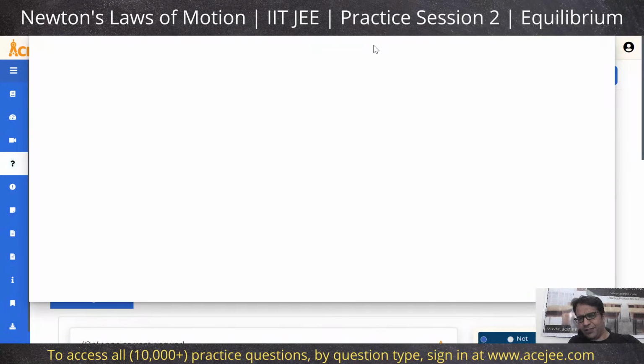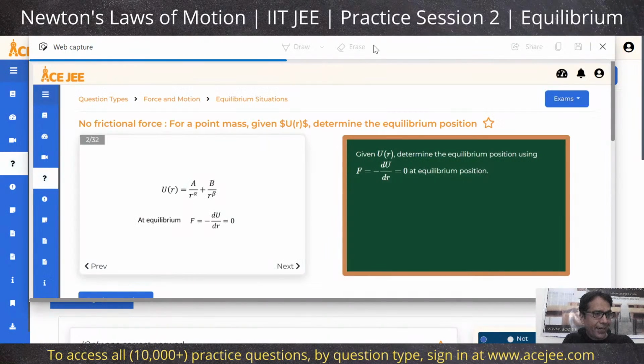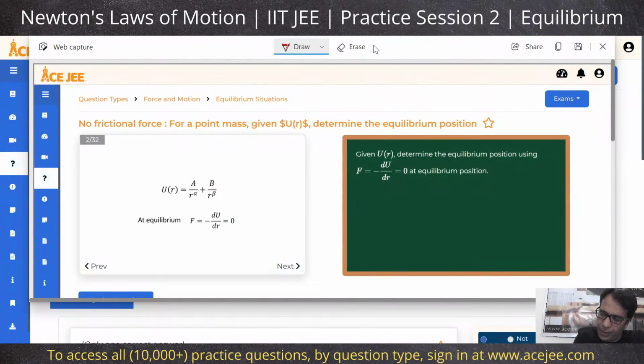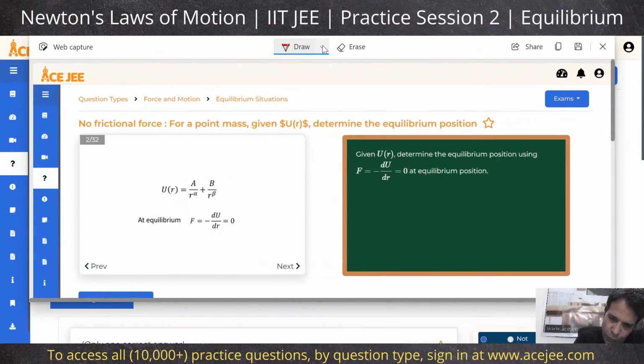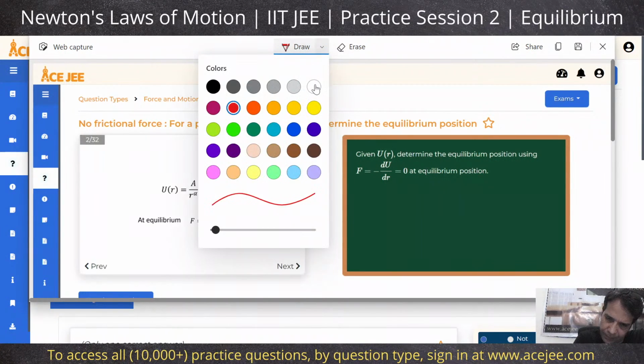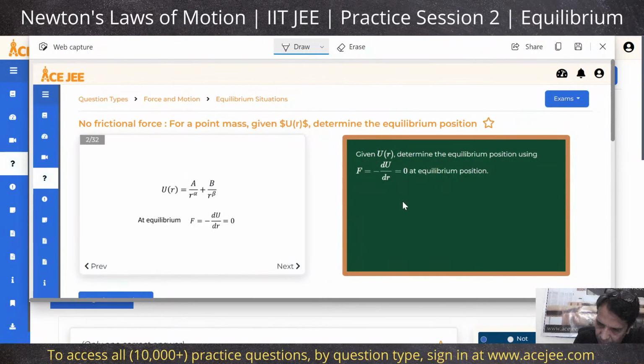Potential energy is defined as negative of work done by a conservative force. So once again, the change in potential energy dU is equal to negative of the work done by the conservative force.